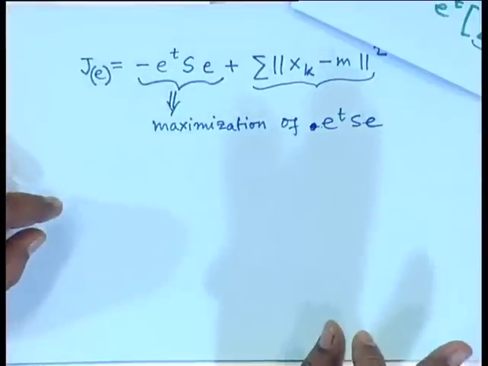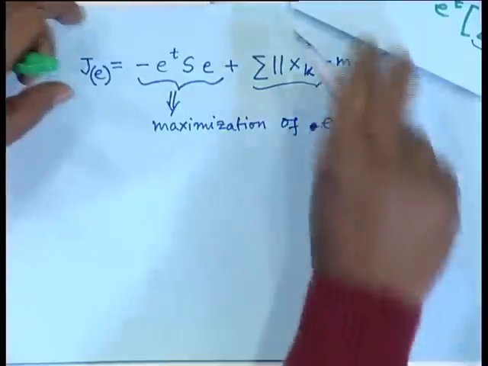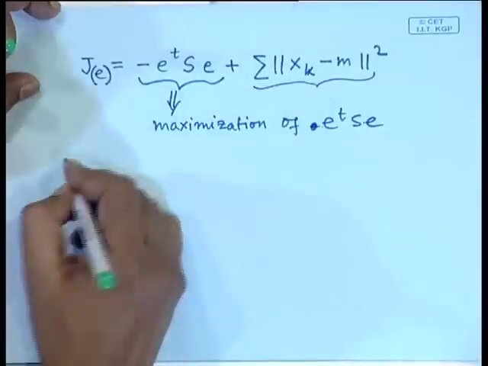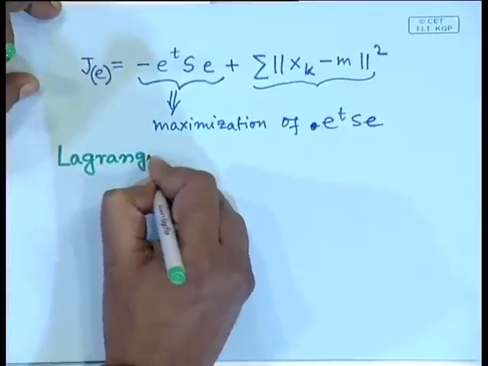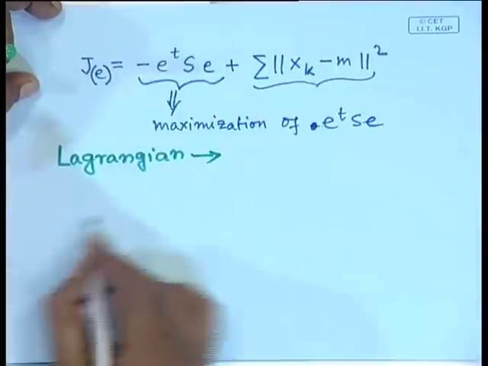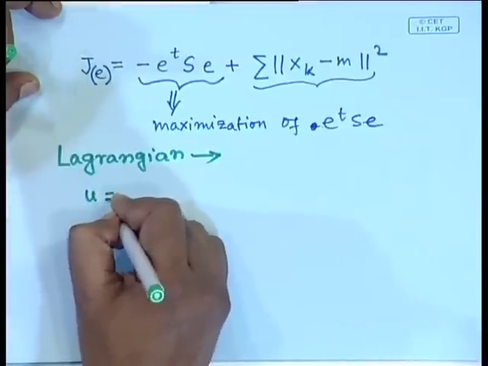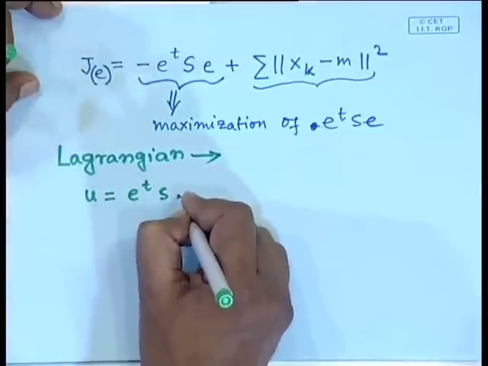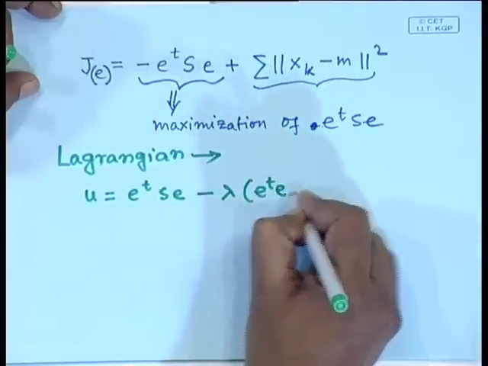Okay. So, what I have to look for is the maximization of this E transpose S E. And for this maximization, if I make use of Lagrangian, I can have an expression of the form u is equal to E transpose S E minus lambda (E transpose E minus 1).